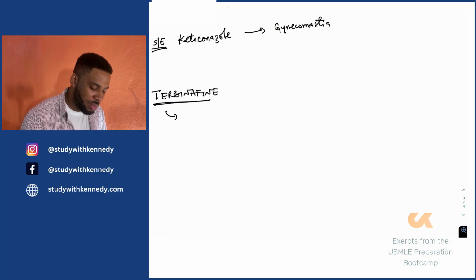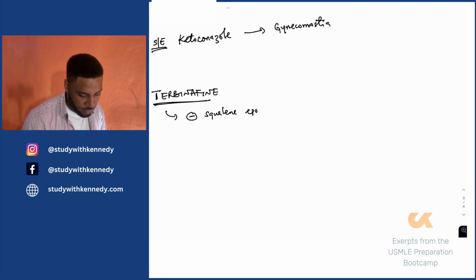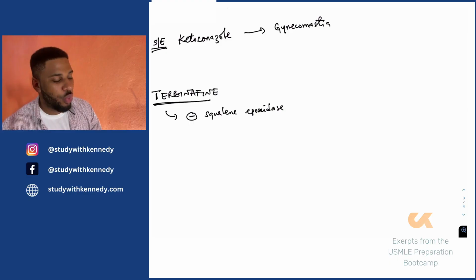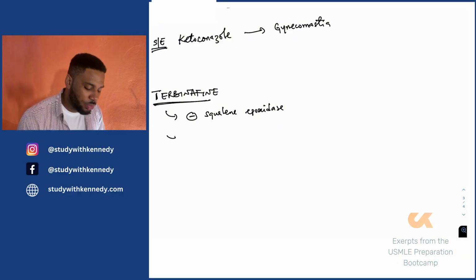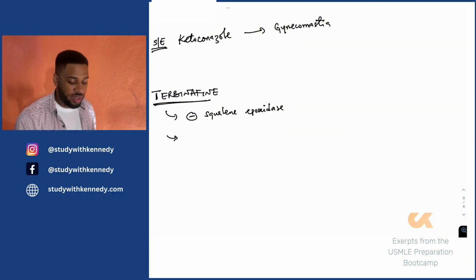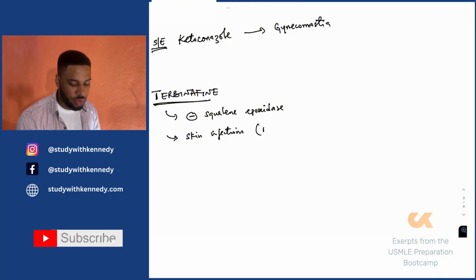Now, when it comes to terbinafine, we already said that terbinafine inhibits squalene epoxidase, the enzyme that converts squalene to squalene epoxide, right? And what you want to know is that we use terbinafine more for skin infections, what we call dermatophytes.